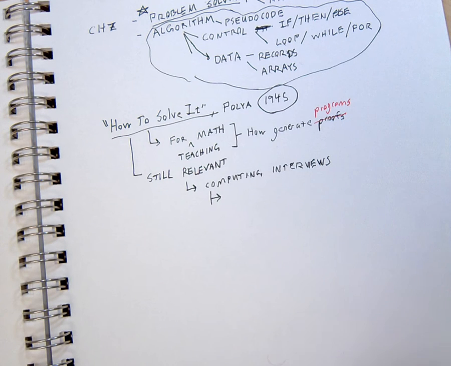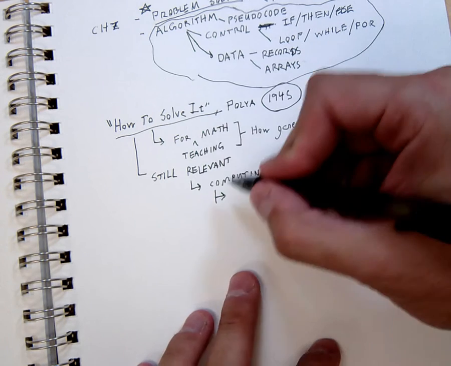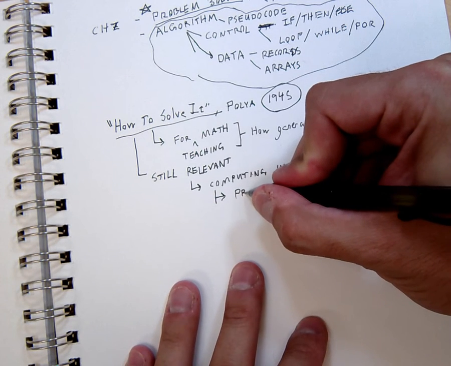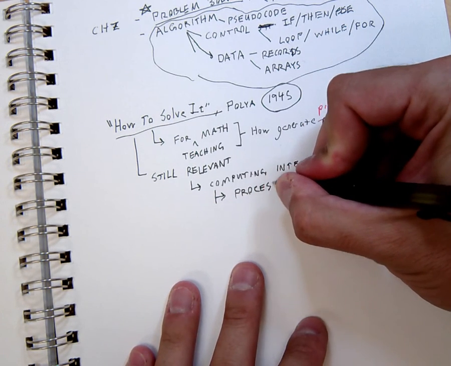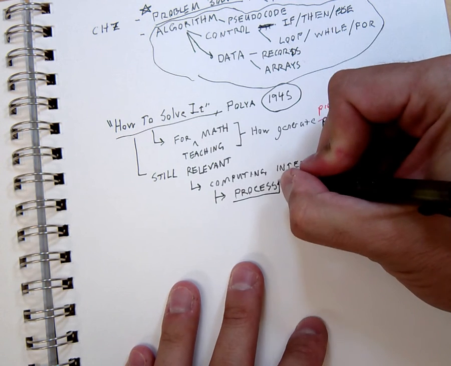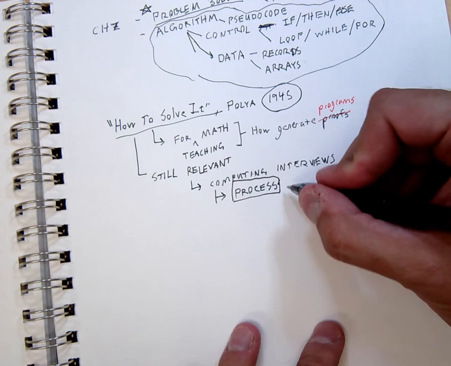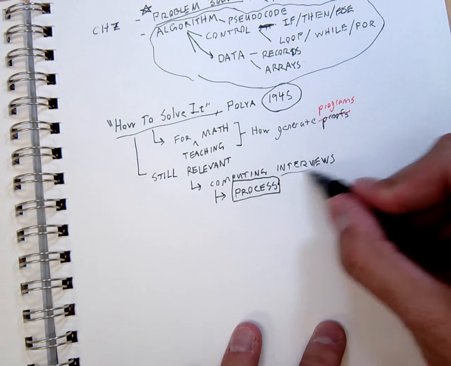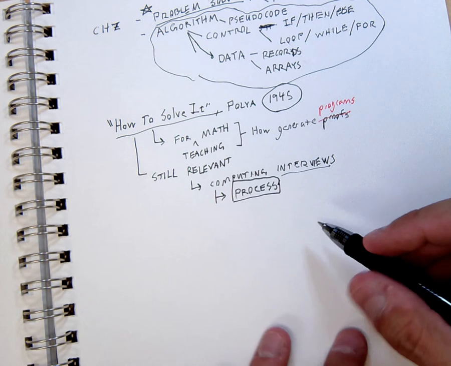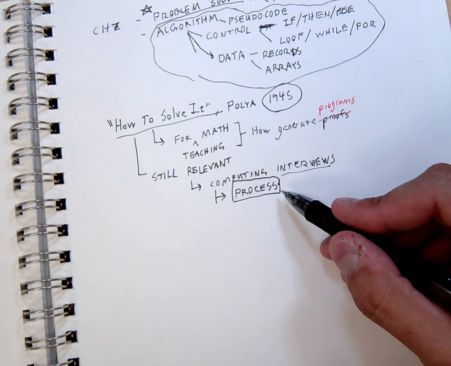What color is it? That sounds completely silly and maybe irrelevant, and you think, what does that have to do with computing? What they're really trying to get at is a process. What process do you go through in order to determine what color the bear is? So what is the process that you use to solve problems? Whether you're right or wrong in a computing interview is less important than the process that you would use to come up with a solution.